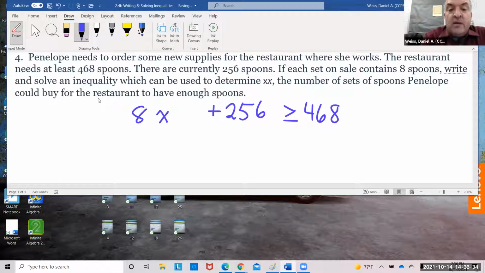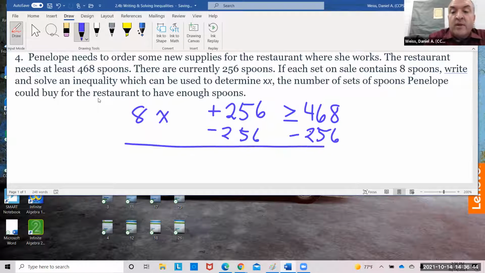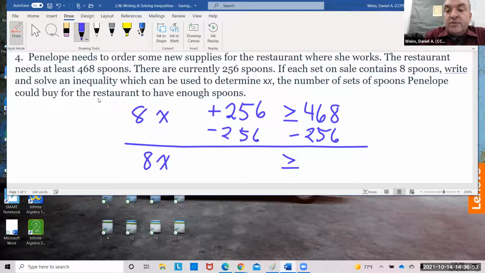We minus 256 from both sides, and we get 8x greater than or equal to 212.